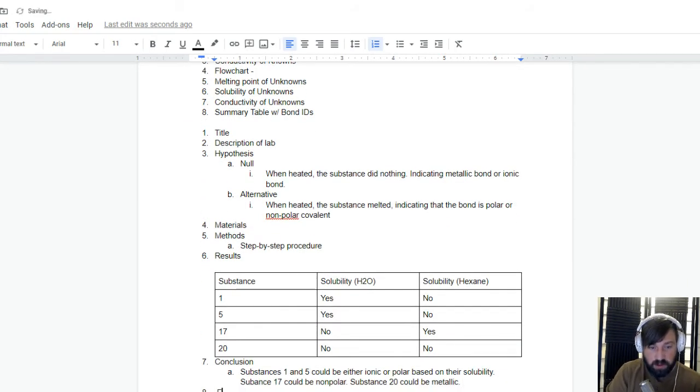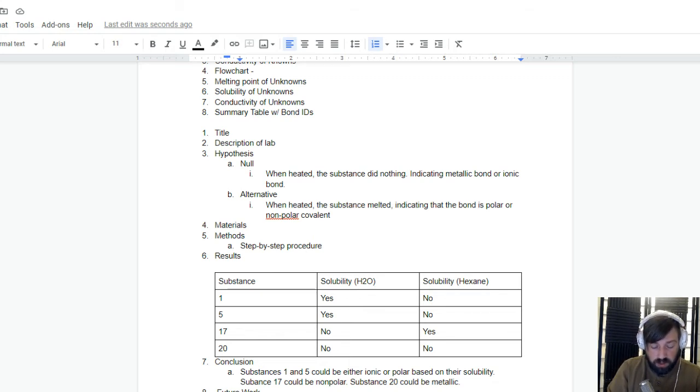And then last thing is future work. Again, for this future work, you could say we don't have a good indication on substance 1 and 5. It could be polar or ionic. We don't know.